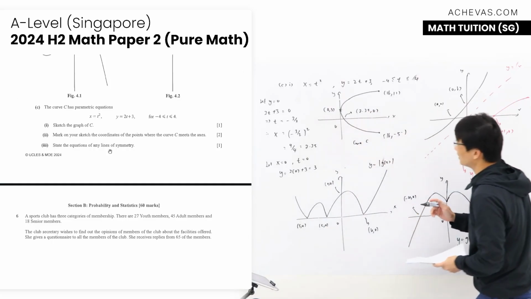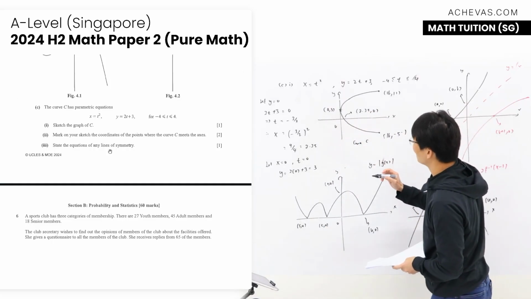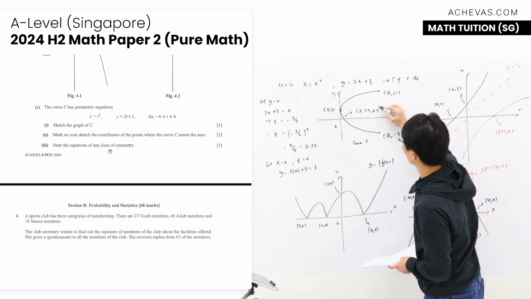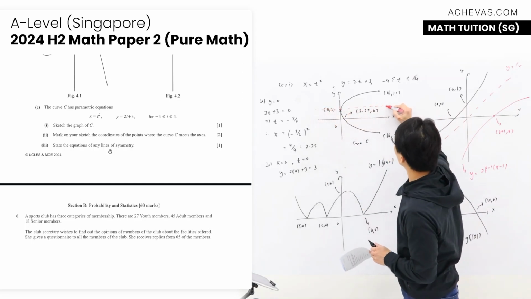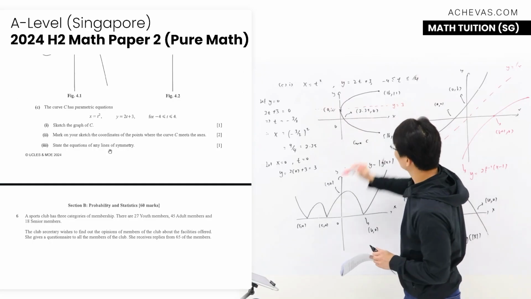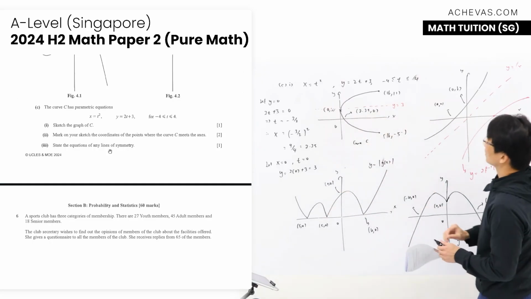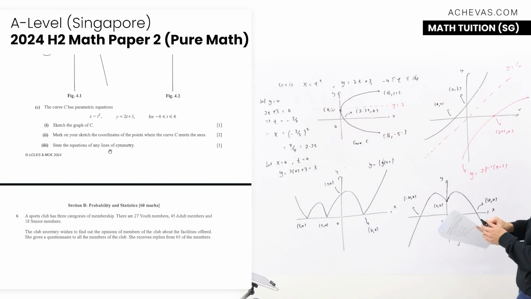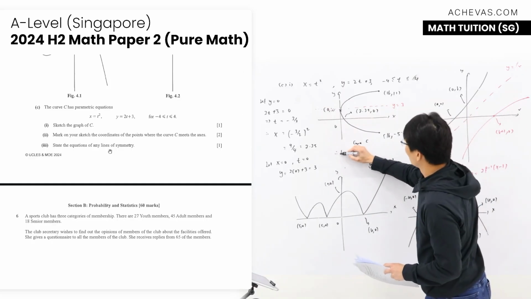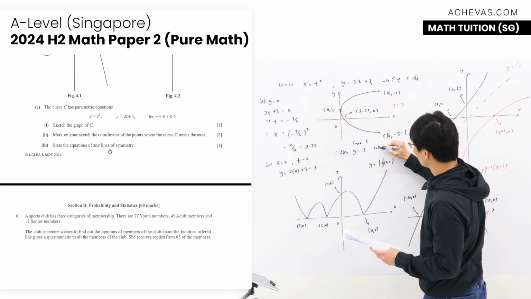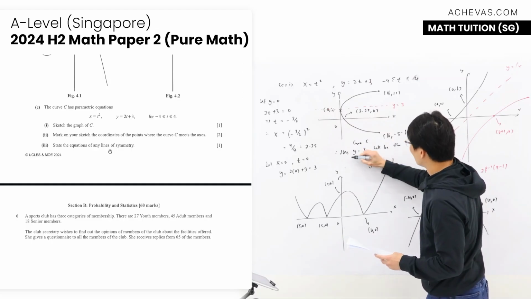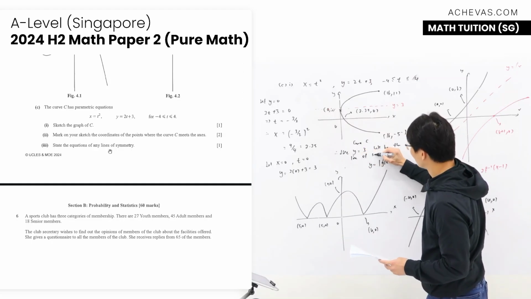I think I can immediately identify one line of symmetry, which is here. Because when you draw a horizontal line y equal to 3 across here, this is a symmetrical curve. So therefore, the line y equal to 3 will be the line of symmetry.